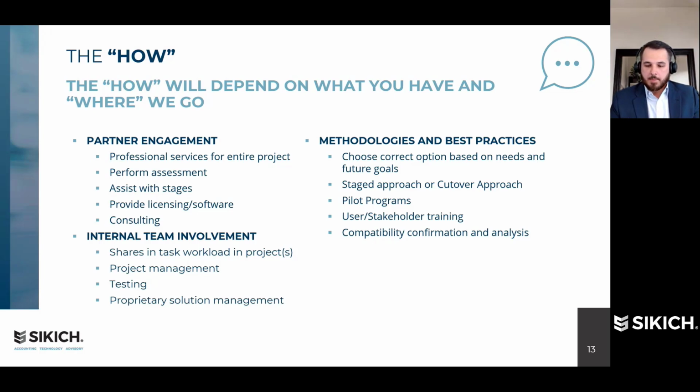Sikich is there to help, but being proactive in that way allows the fear of change to subside, because you're more ready to know what's coming and what to expect. And the compatibility and confirmation and analysis. Like I said, don't get ahead of yourself. If you're looking at your applications, there's lots of things to consider in how we're going to move it. Is the operating system approaching end of life?